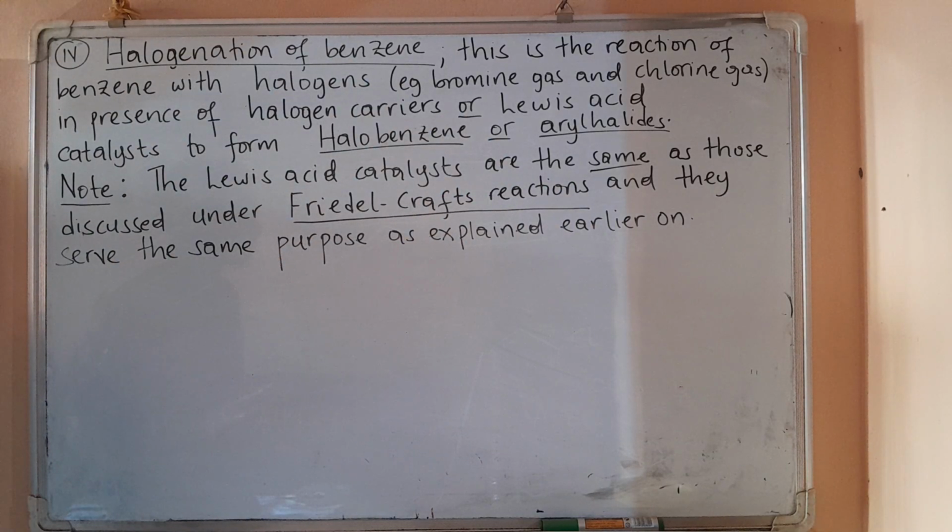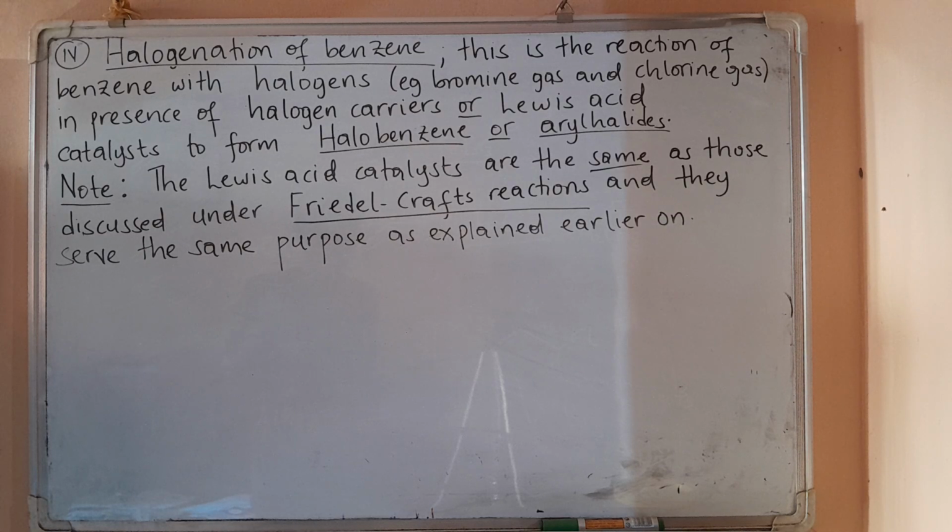I do not need to explain that again. If you are watching this for the first time, refer to the previous videos where I did a lot of examples on Roman 2, Friedel-Crafts alkylation, and Roman 3, Friedel-Crafts acylation, where I explained the roles of the Lewis acid catalysts.